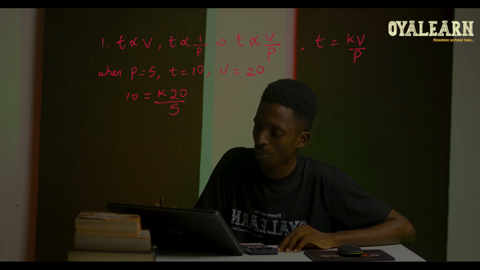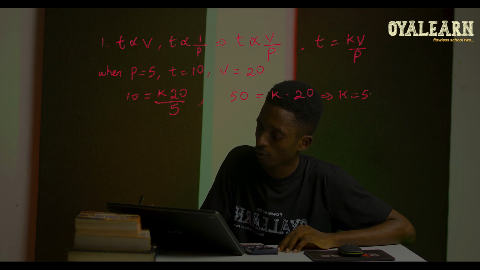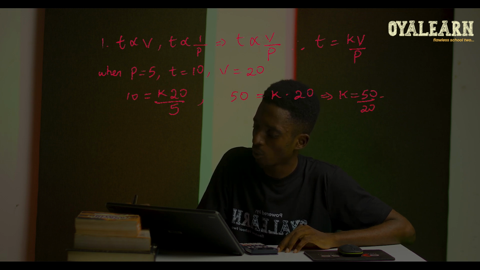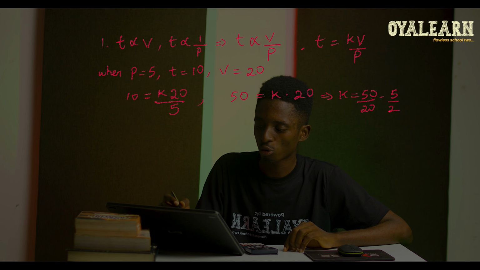When you cross multiply, we have 5 multiplied by 10, which gives us 50, equals K multiplied by 20, which implies that K equals 50 divided by 20, which, when we divide by 10, is 5 over 2.